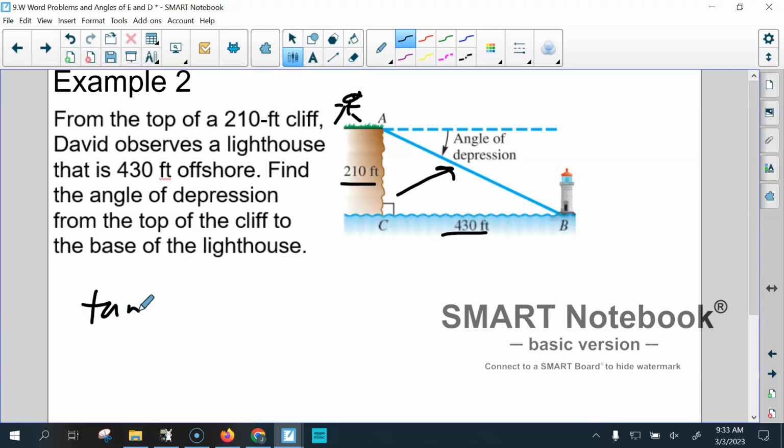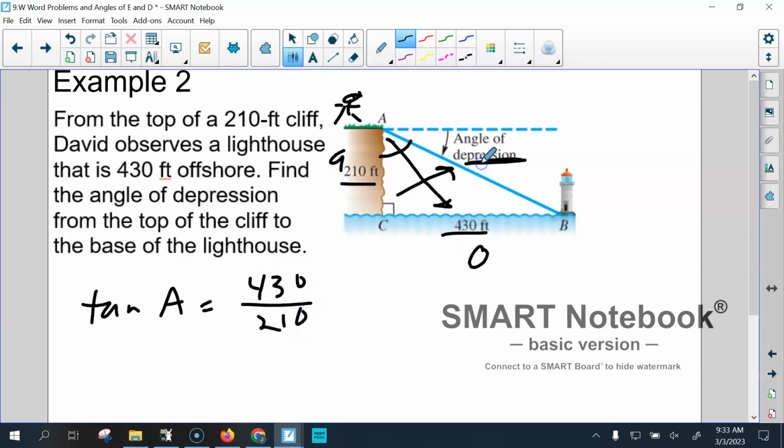From this person, we're looking to the opposite. So tangent, we don't know the angle. So we're just going to say tangent of A. We don't know it, and this is what we have not learned how to do yet. Is opposite, go ahead and label that, 430 over adjacent, which is 210.